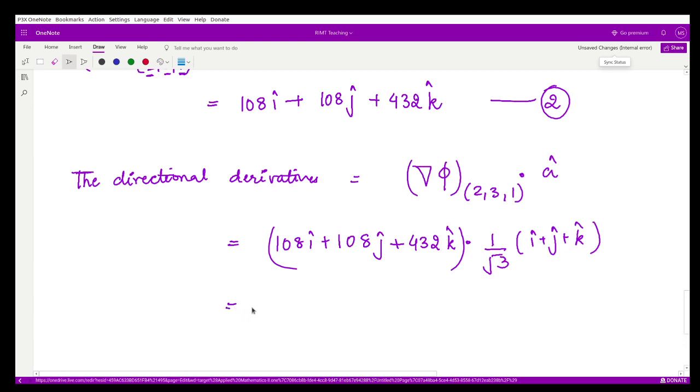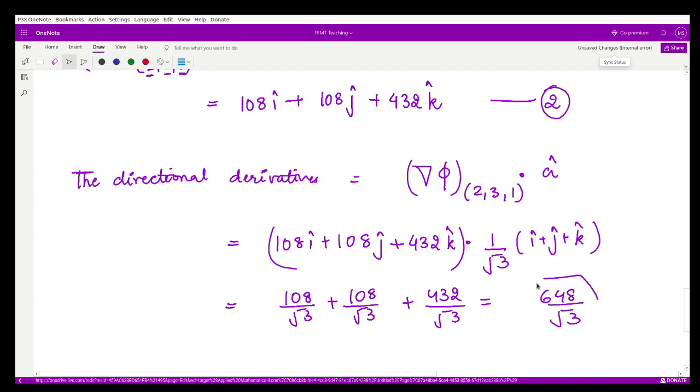So when you take this dot product, it becomes equal to 108 by square root 3 plus 108 by square root 3 plus 432 by square root 3. So this becomes equal to 648 by square root 3. So this is your final answer. I hope this question is also clear to you.